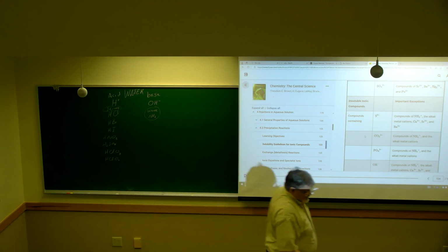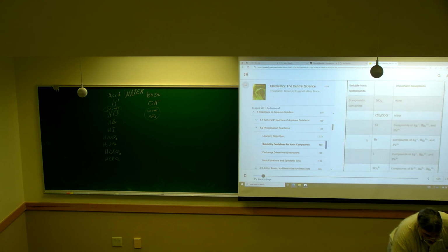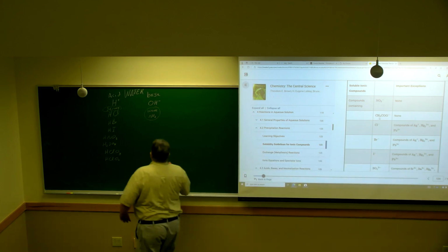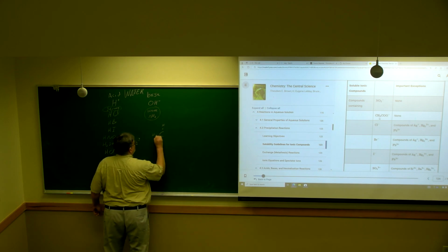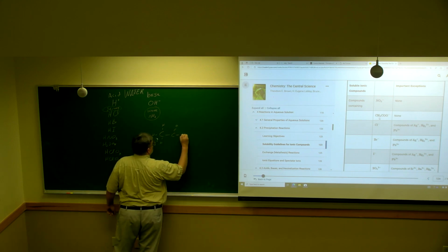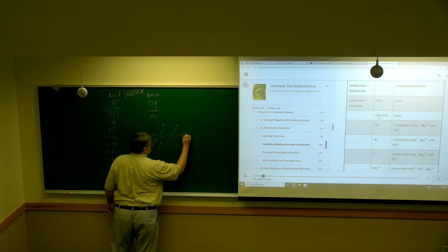One other ion that's in this chart. This is the acetate ion. And I'm going to draw it out. This is negative right here.